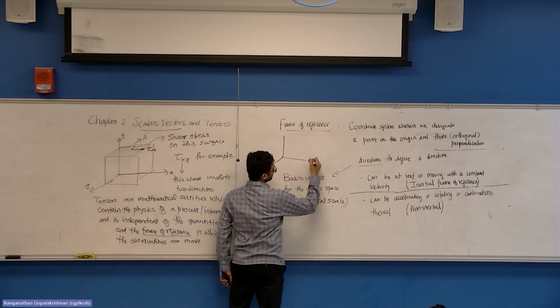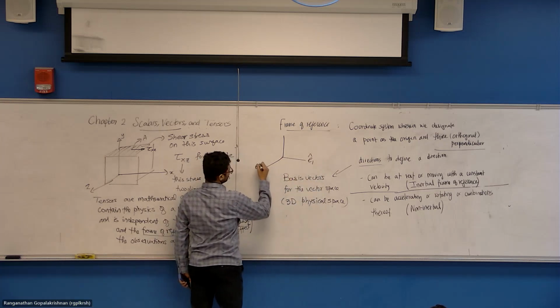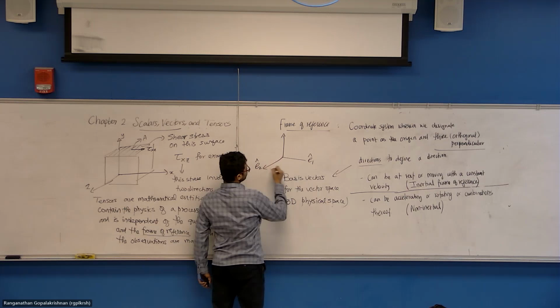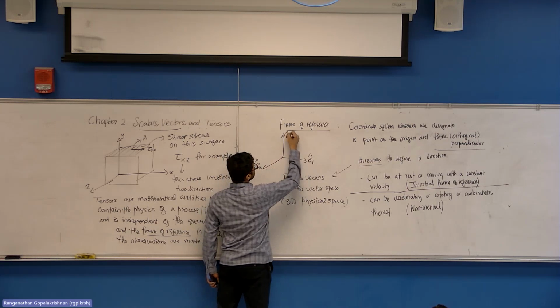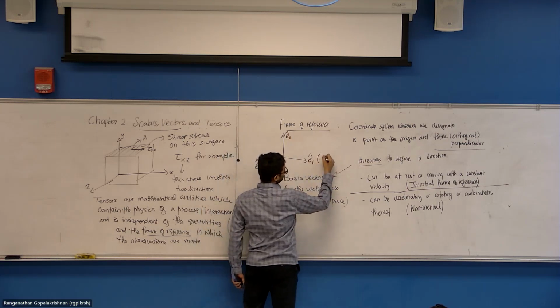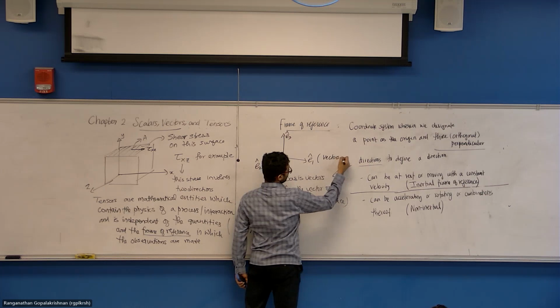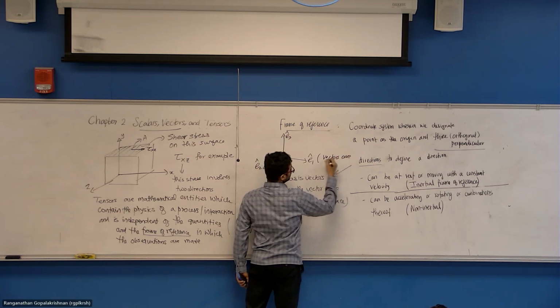Let's say we have three basis vectors, E1, E2, E3. We'll assume that the basis vectors are constant in time, so that they are not changing.